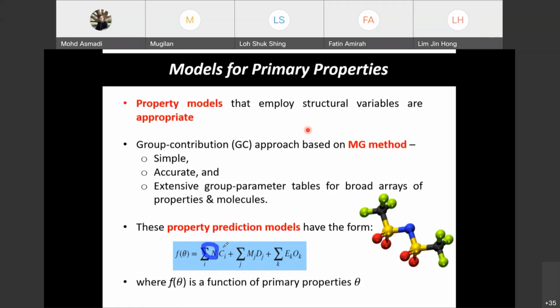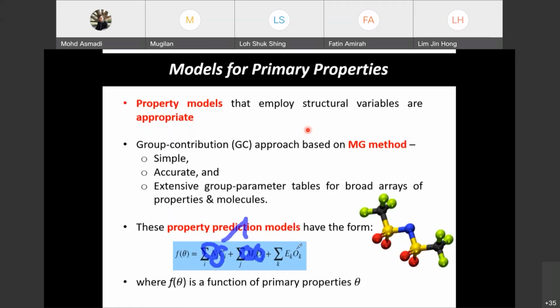C is the contribution of the first order group, and then D is the contribution of the second order group, with M their occurrence. This occurrence you can actually find from the paper, the calculation of the occurrence, not the occurrence, the value.